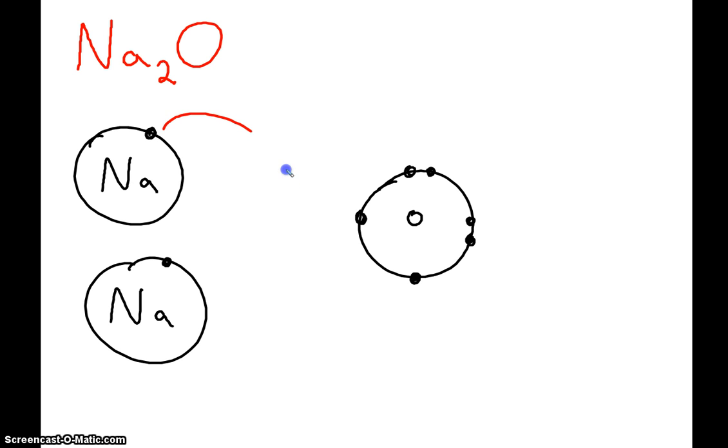Where can it get them from? Well, it can get 1 from one sodium, but it's still not stable yet. So it needs a second sodium to donate that electron there. And so what we end up with is each sodium becomes positively charged. The oxygen, because it's gained 2 negative electrons, becomes -2, and they cancel each other out.